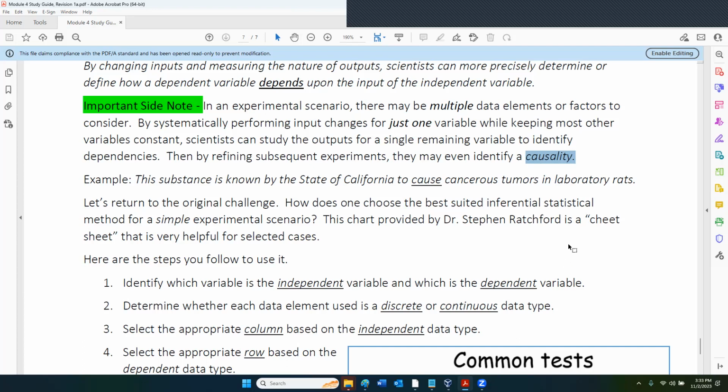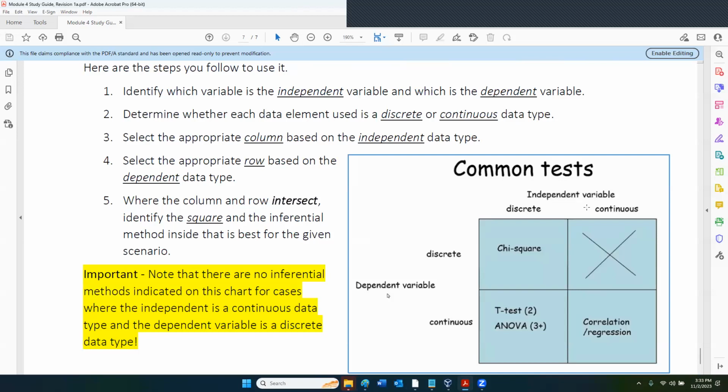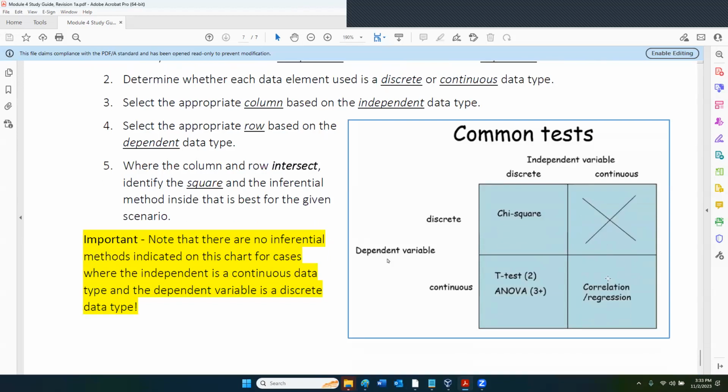We can look at how one varies related to the other. So we can actually calculate correlations with an inferential statistical method called regression. Has anyone ever heard of linear regressions?